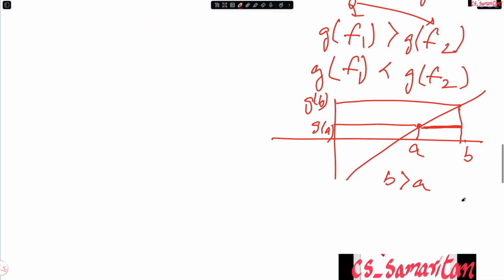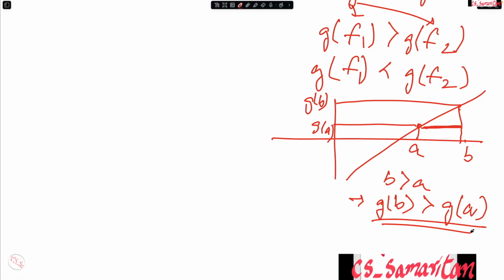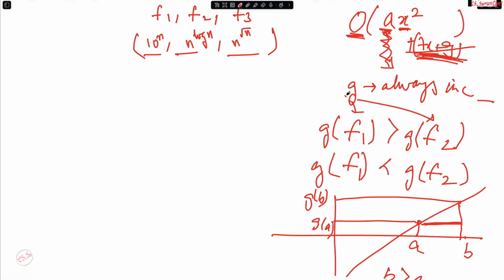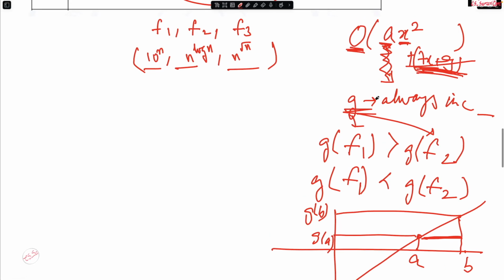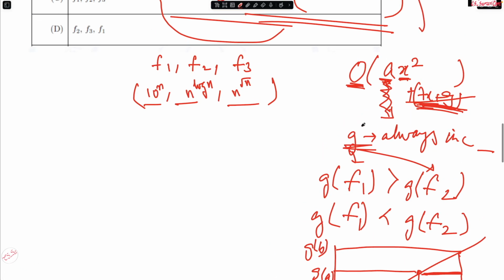So if b is greater than a, this implies that g of b is also going to be greater than g of a. This is the general property of mathematics: if g is an always increasing function, then its application to any inequality does not change the inequality. The resulting inequality also holds, whatever the arrangement, so we can apply an always increasing function to simplify it.